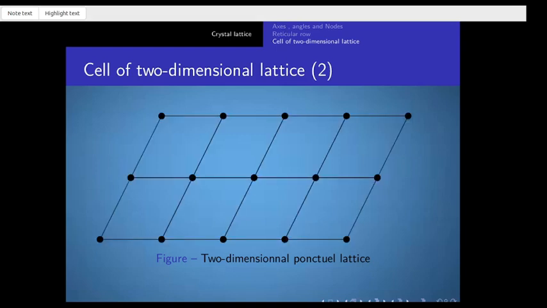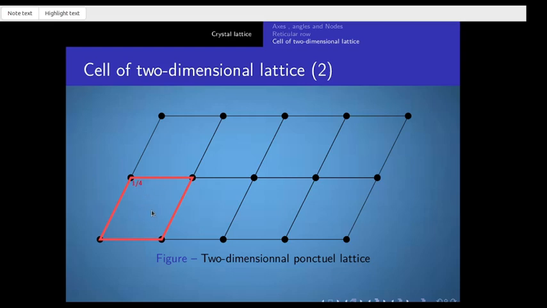Take the two-dimensional lattice, and draw the unit cell, or the fundamental cell. We observe that on each vertex there is a quarter of a node which belongs to this cell.